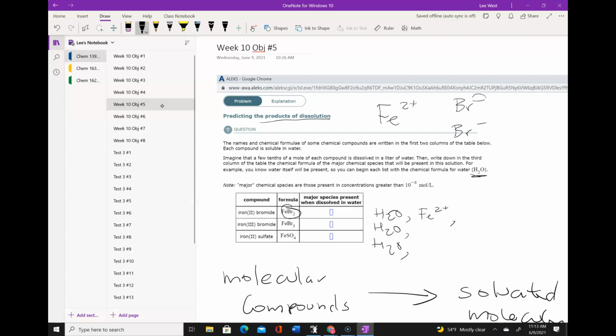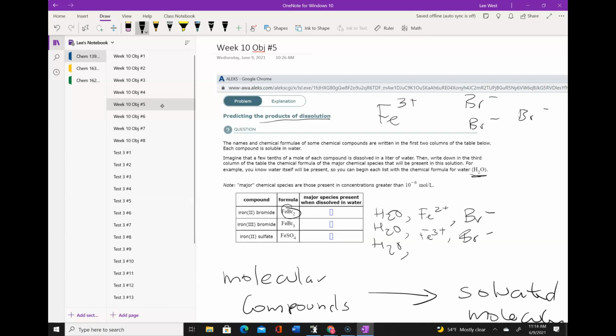Because bromine is in group 7A, it forms a 1-, so that will be Br-. In the next one it says it's iron 3 bromide. So what that means is it's going to form Fe3+ ions, and then it's going to form 3 Br- ions. So it will be Fe3+ and Br-.